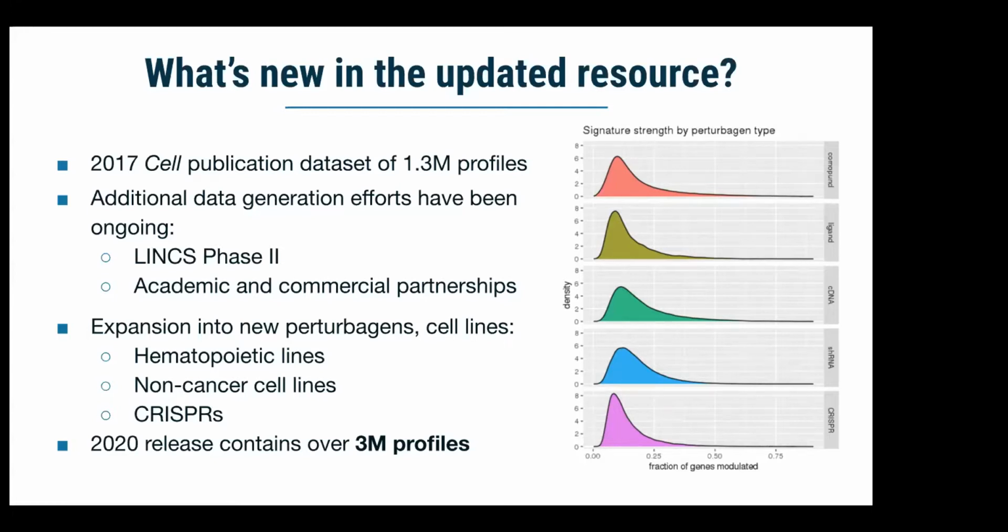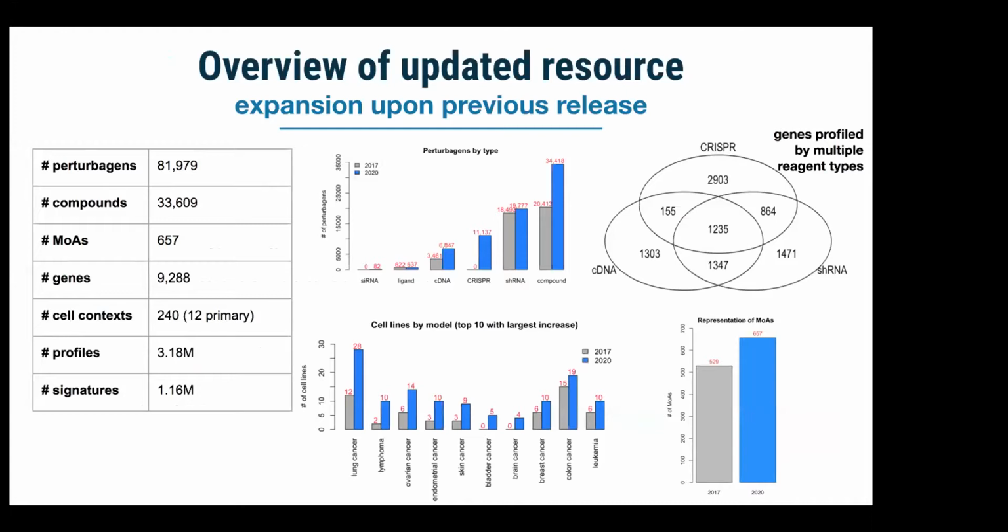So just a high-level snapshot of one of the metrics, but we can drill in a bit more and discuss specific changes to the data set relative to the 2017 release. So in the new release of data, there's around 82,000 different perturbagens that have been profiled, 33,000 of which are compounds across 657 different mechanisms.